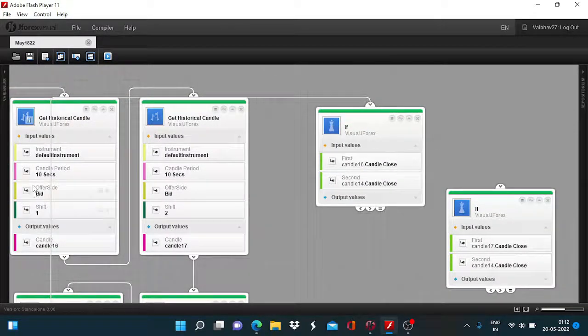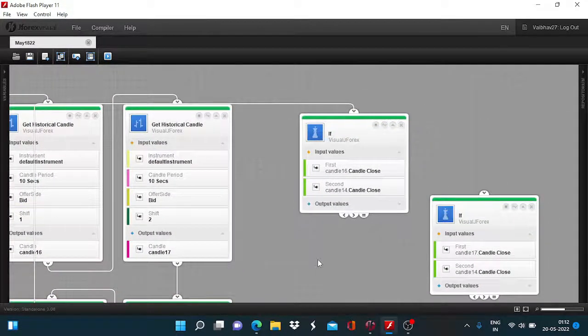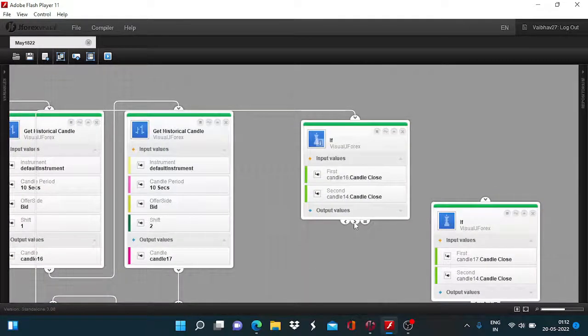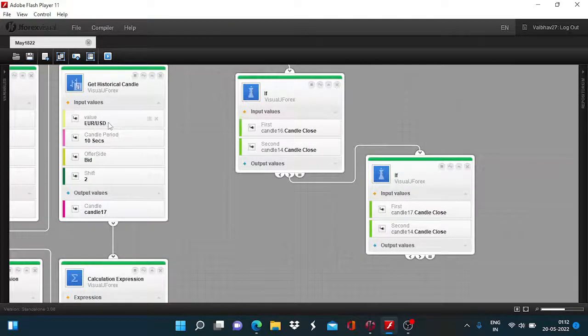Candle 16 is the last 10-second candle, so we need its closing value to be greater. So first input greater than second input, and candle 17, which is the penultimate 10-second candle, should have closed lower.